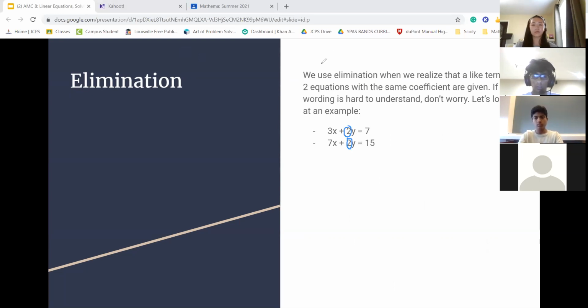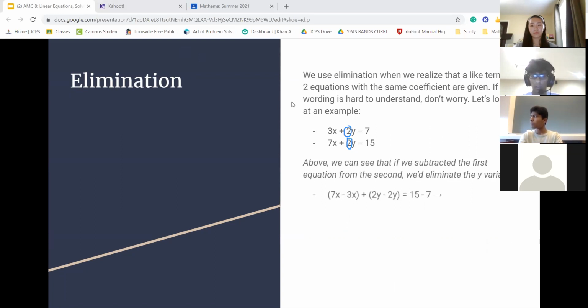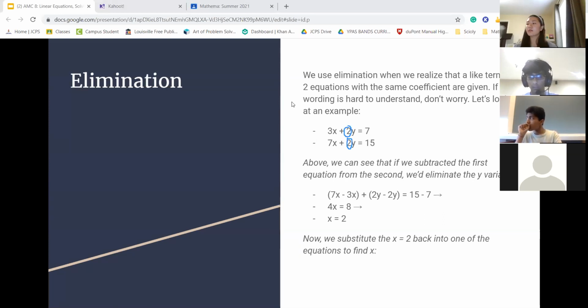For example, right here, the 2y in both equations are the same, so you can subtract the equations from each other. You'll get negative 4x is equal to negative 8, and that gives us x is equal to 2, because the two y's cancel out when you subtract them from each other.